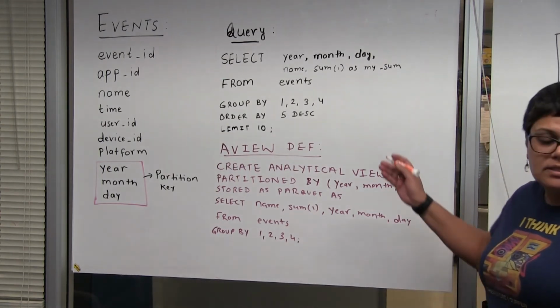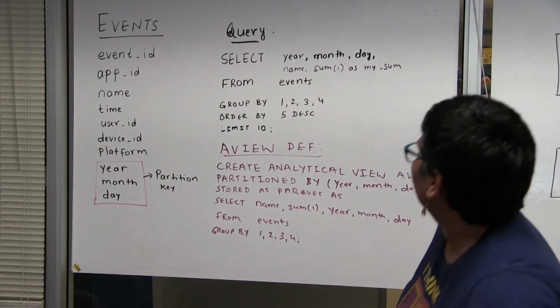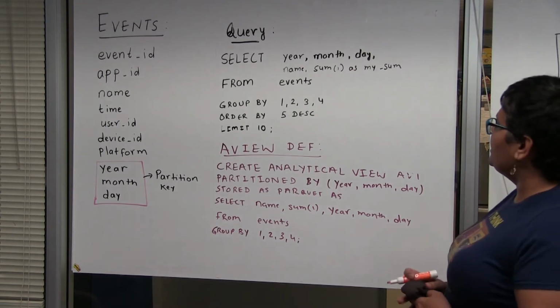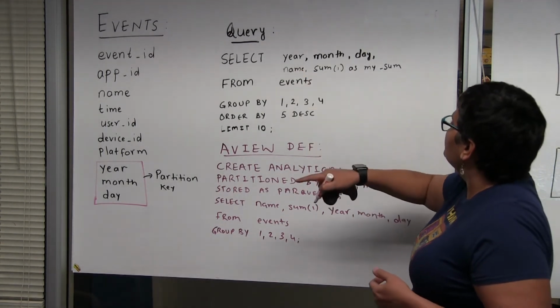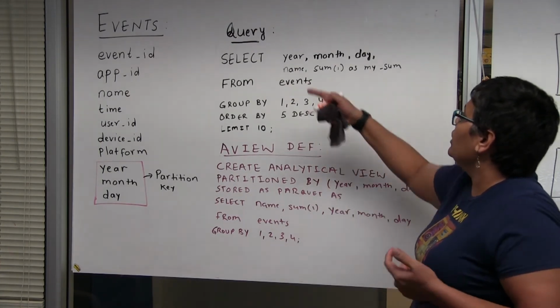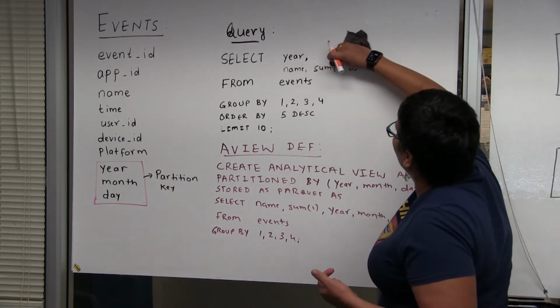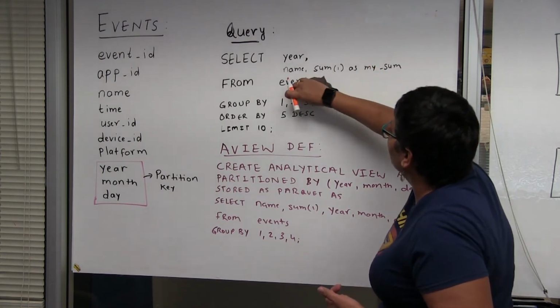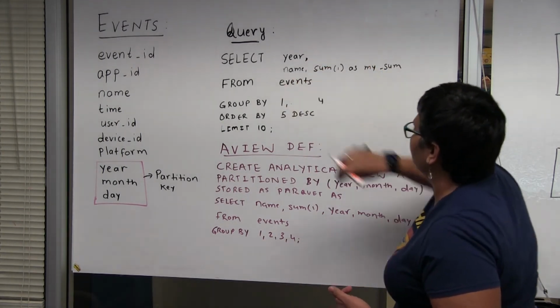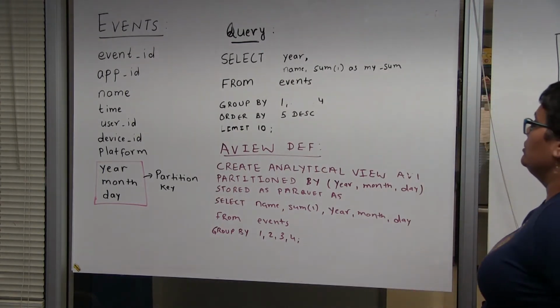For example, in this case, we could simply change the query. User might say, hey, now I want to know, say, yearly event count for each event. So we are not going to be grouping on month as well as day, and the query is going to look like this.